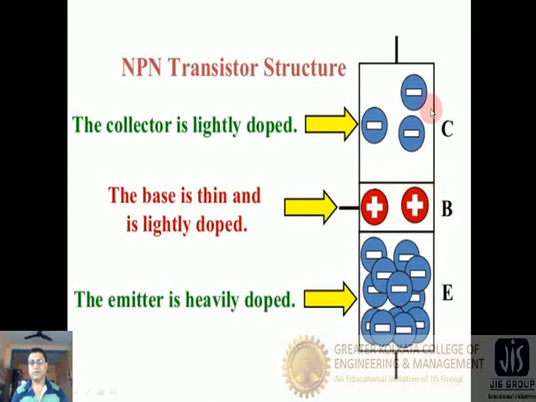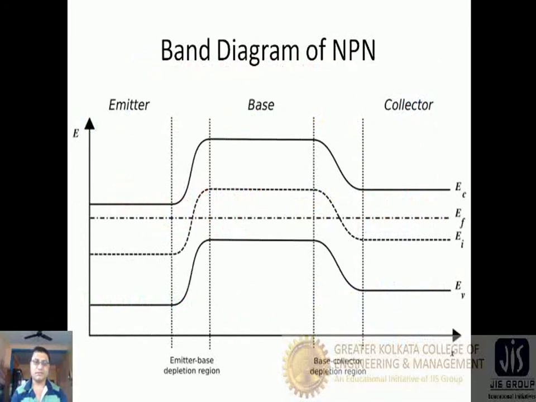And in case of the collector, we can see electrons and it is moderately doped. That is why we can see free electrons but lesser than the emitter, less concentration than the emitter. So in this way, an NPN transistor, here you can see a band diagram representation of an NPN transistor.